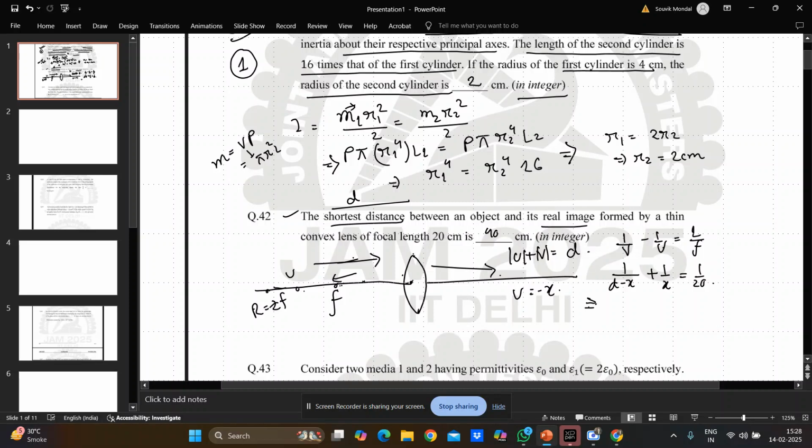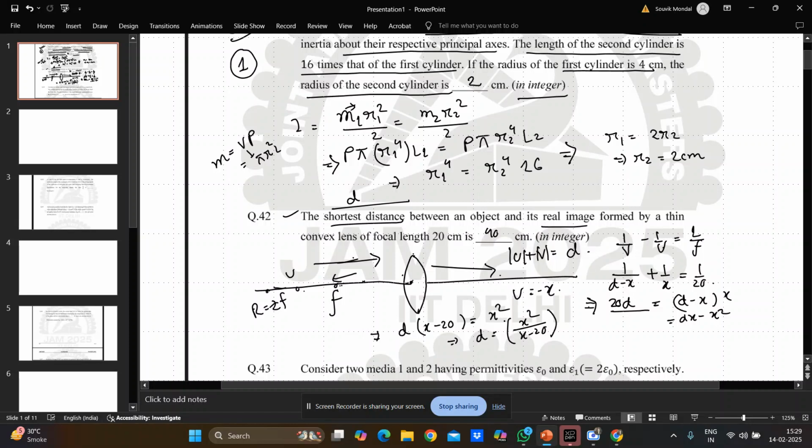If you solve this, then it will be 20d is equal to (d minus x) into x, which is dx minus x square, right? So what will be your d? d into (x minus 20) is equal to x square, and d is equal to x square by (x minus 20). So this is your d, right?